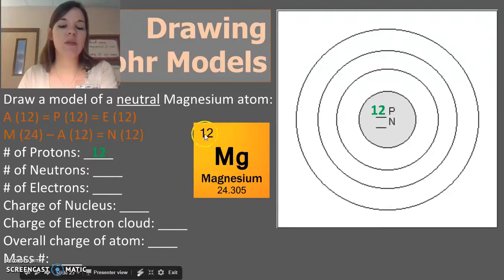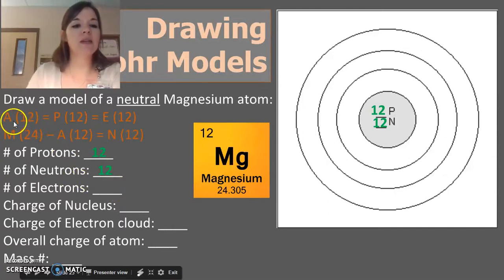This number up here in the top corner is 12, so I have 12 protons. Neutrons equal the mass minus the atomic number, so it's 24 minus 12. We're going to round. And then the electrons, because it's a neutral atom, is going to be equal to the protons.